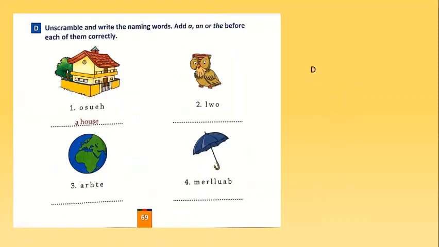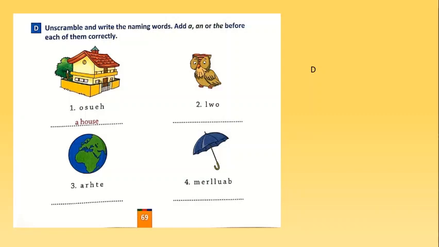Okay, now we move on to the next exercise D on the same page, page number 69. Unscramble and write the naming words. Add a, an, or the before each of them correctly.